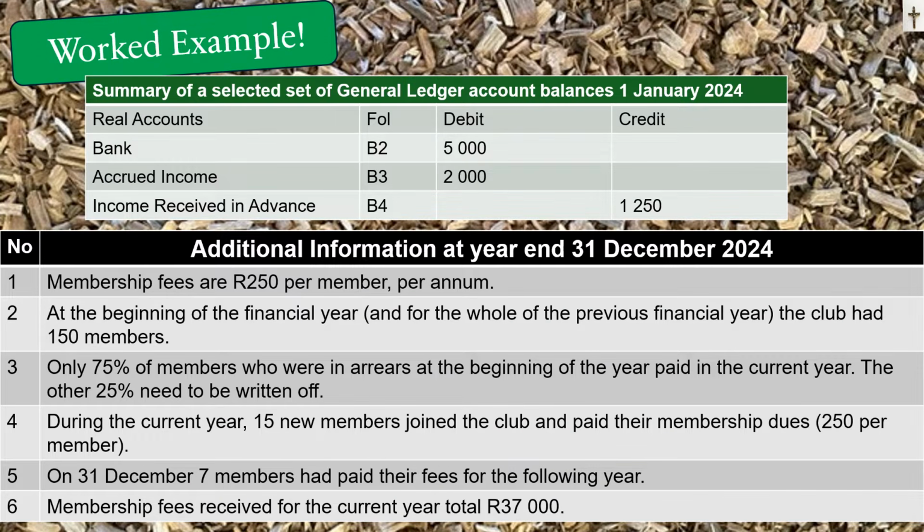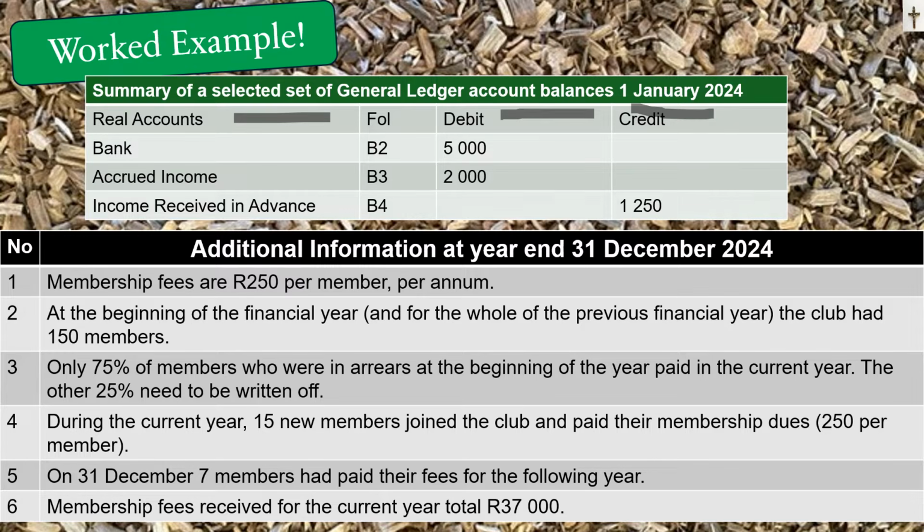Now let's have a look. You get some information with regard to membership fees. 9 times out of 10 you get this information. You get an extract of the general ledger accounts, and it's the balance on the 1st of January.